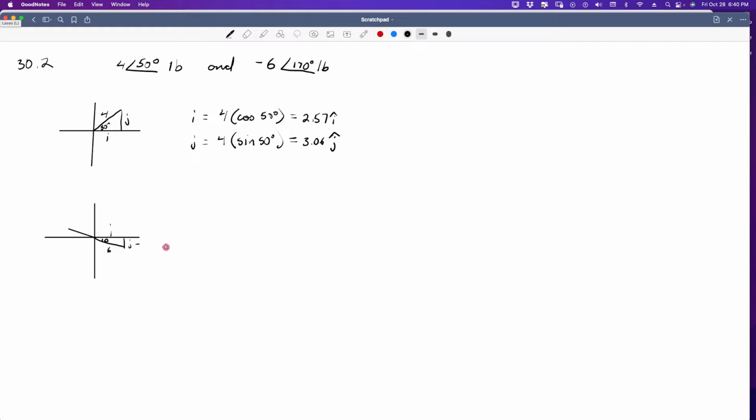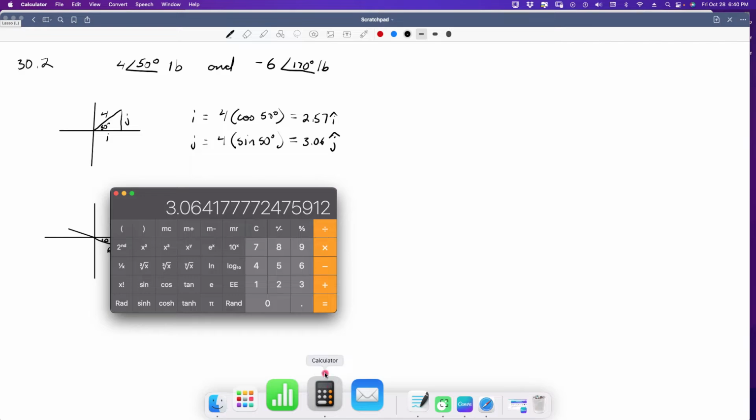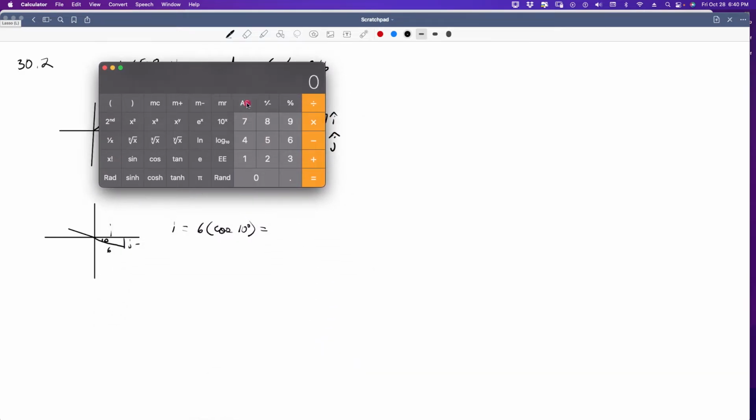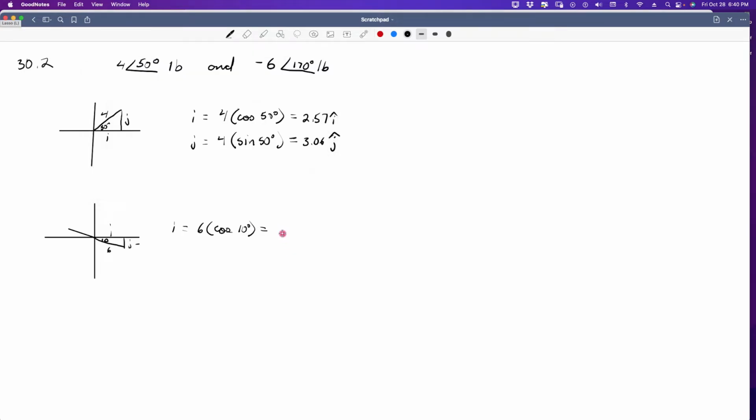So now we attack this just like we normally would, and for the I term we have 6 times the cosine of 10 degrees. And that is going to be equal to 10 cosine times 6 is 5.9, and we're going to round it up, so 5.91.